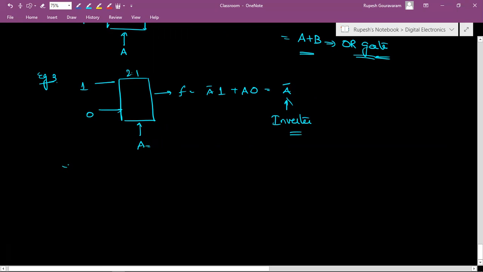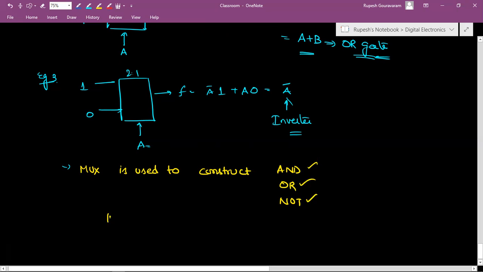So you have realized an inverter. That means we can see that a mux is used to construct AND gate, OR gate, NOT gate. We have constructed AND gate, OR gate as well as NOT gate.